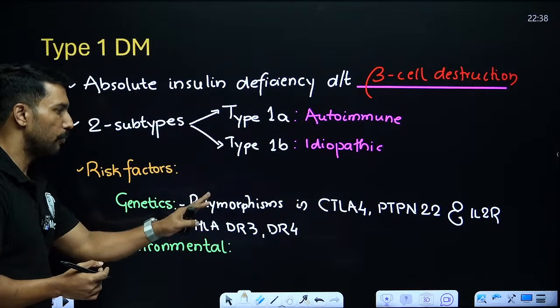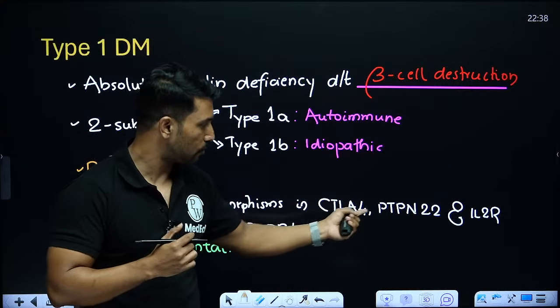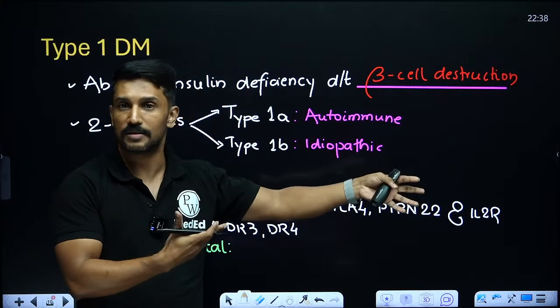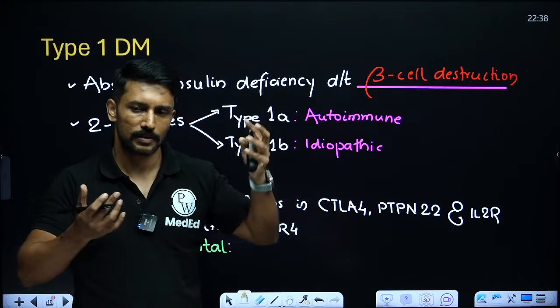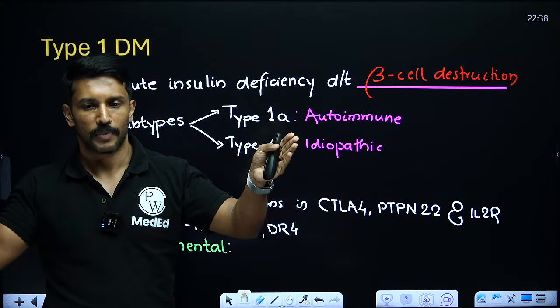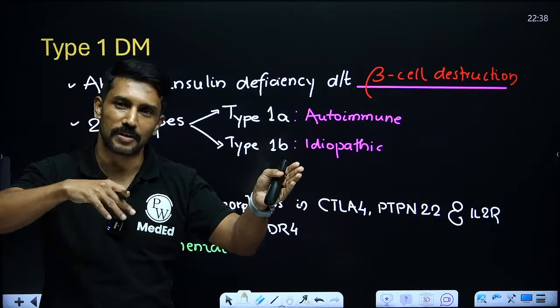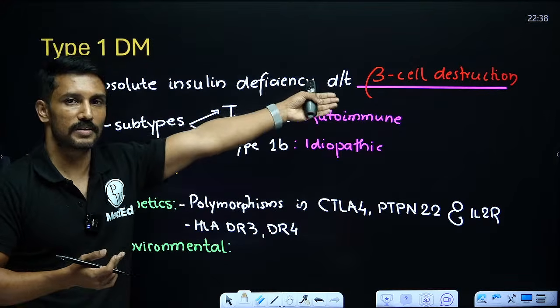Environmental factors also play a role because many of us have those CTLA4 polymorphic variants or PTPN22 polymorphic variants which are considered risk factors, but we won't end up developing type 1. Means genetics predisposes to the development of type 1 DM, but there has to be an environmental factor which triggers the autoimmunity, and then you have the antibodies which cause the beta cell destruction.